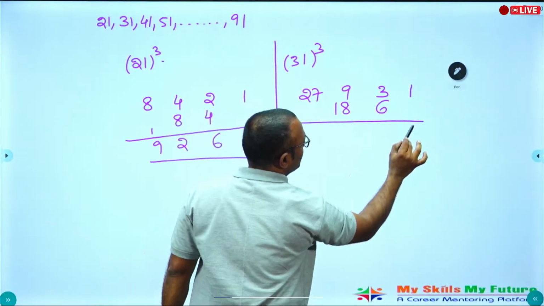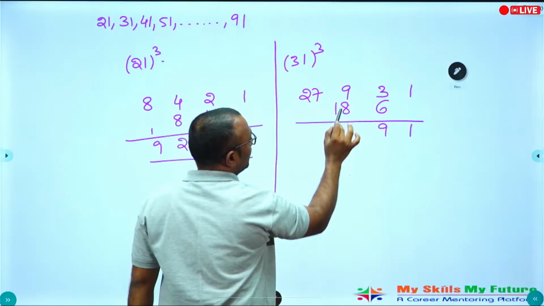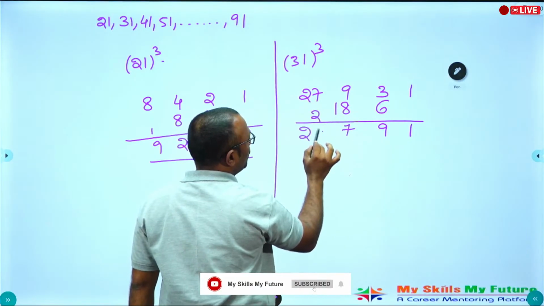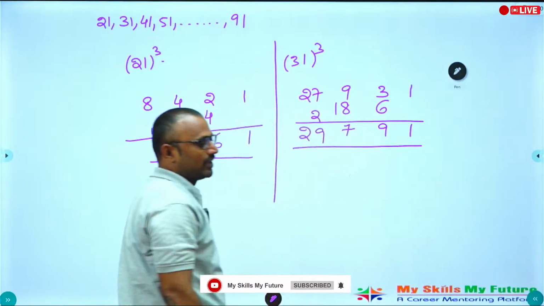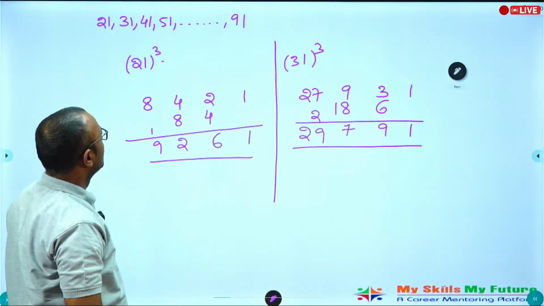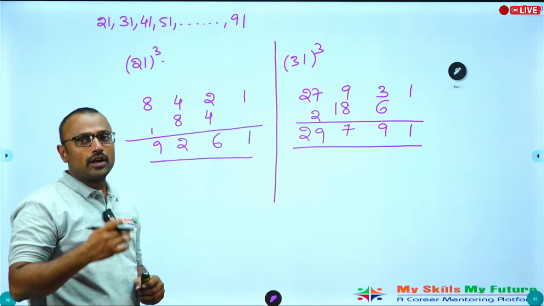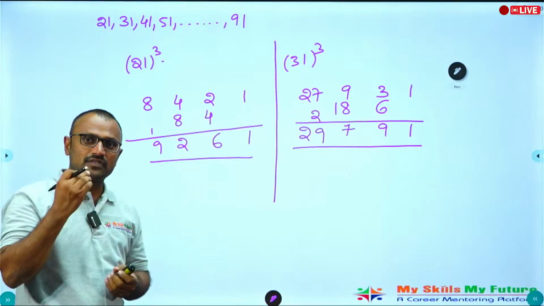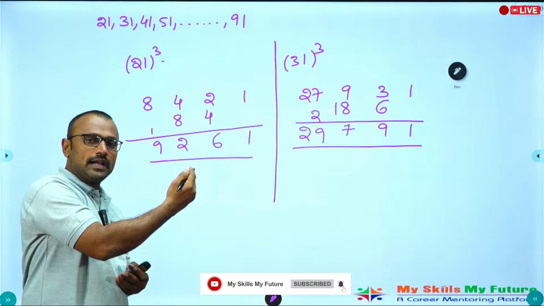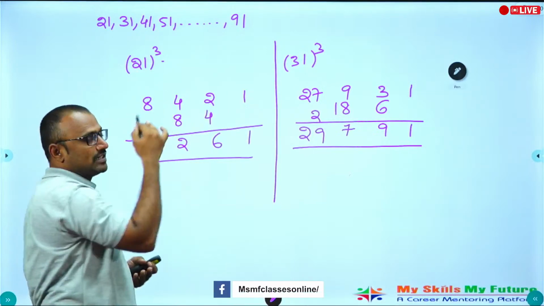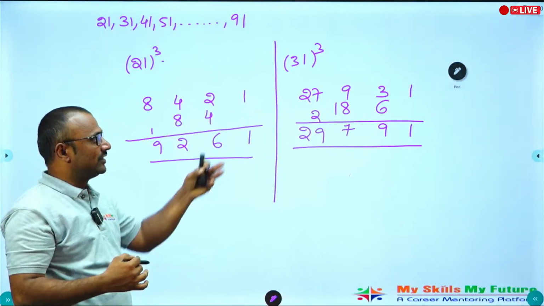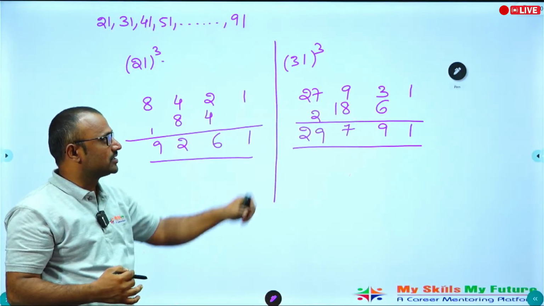So 1, 9, here 27, write 7 here, carry 2 here. So 29791. 29791. So are you getting how to find the cube of a 2-digit number that ends with 1? Write from the right side 1, the digit, square, cube, and twice the middle terms, and add. The process goes like this.